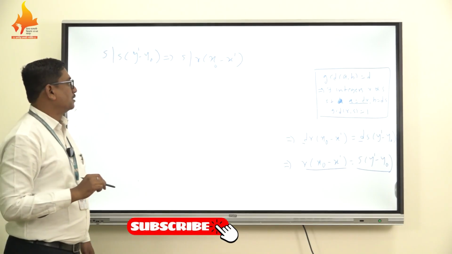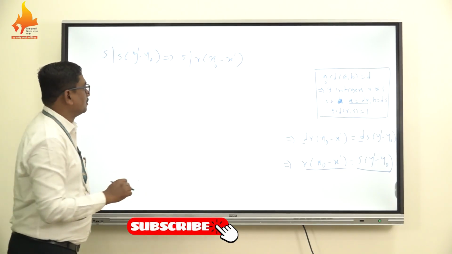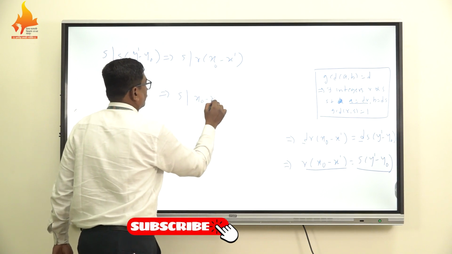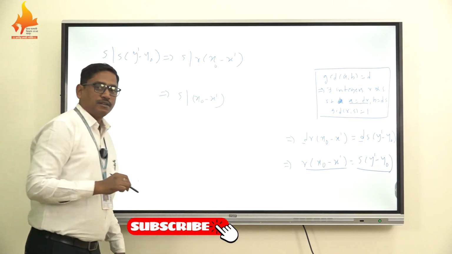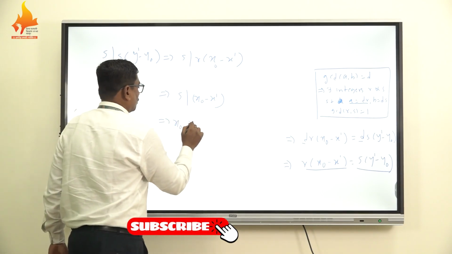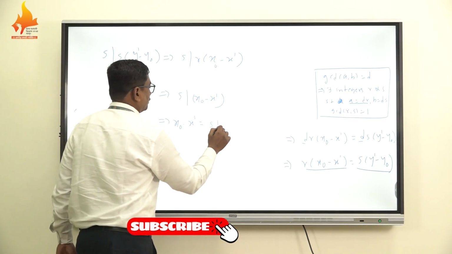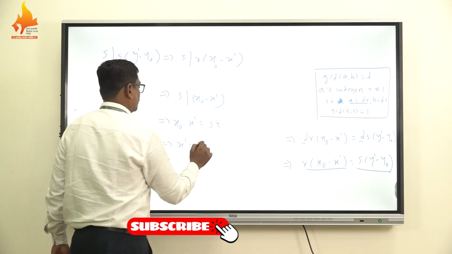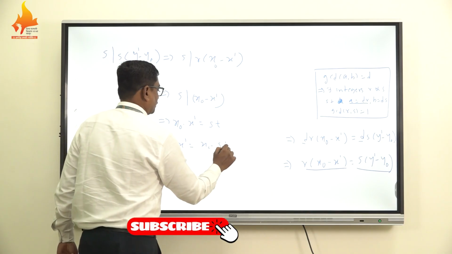Similarly, the GCD of r and s is 1, so s has to compulsorily divide this number as per Euclid's lemma. That means x naught minus x dash is s times t. So this implies x dash is x naught minus s t.